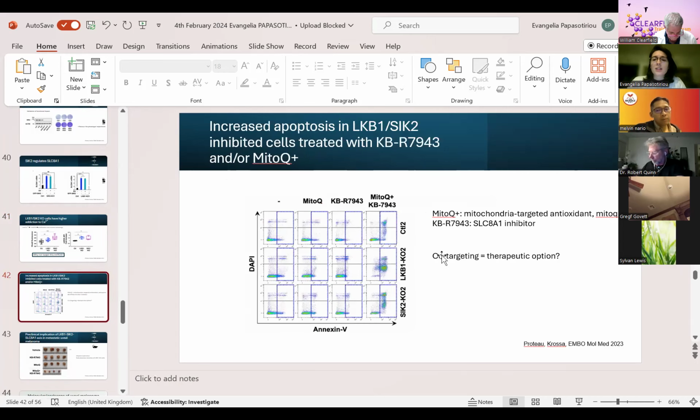If you want, you could check the publication in even more detail. They applied the treatment and they suggest co-targeting SLC8A1 and the mitochondrial ROS as a therapeutic option.